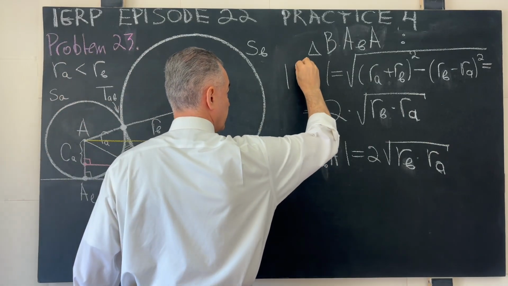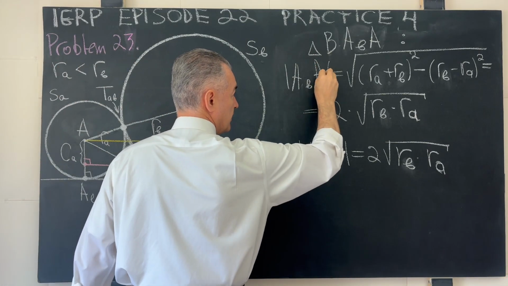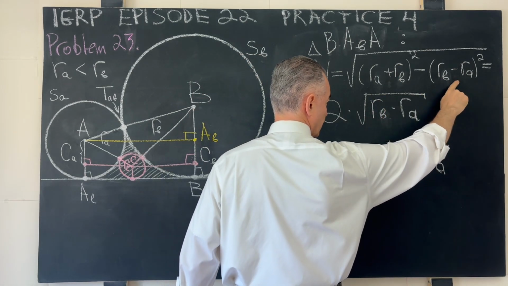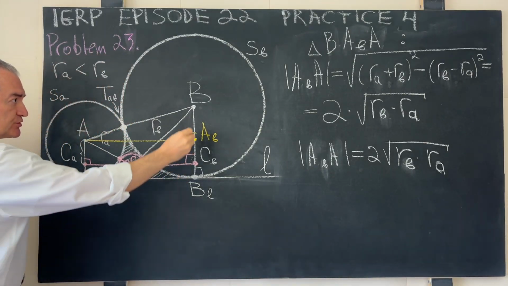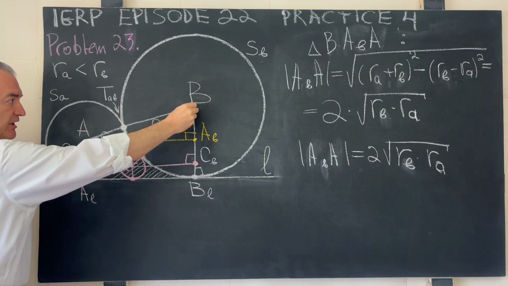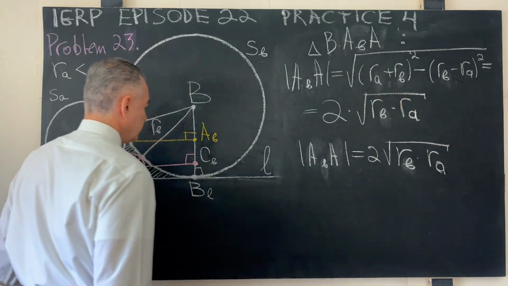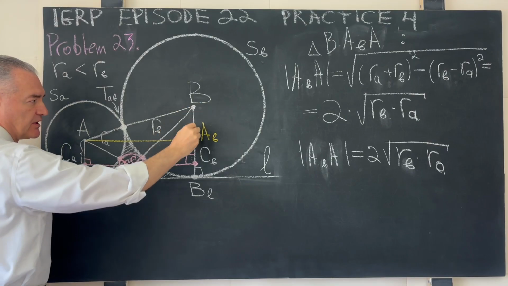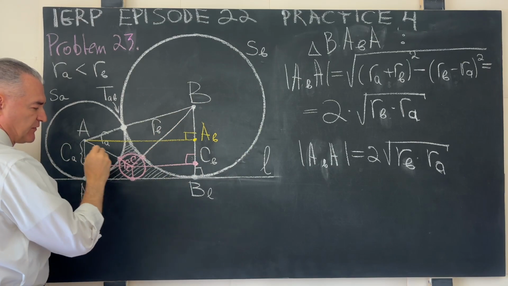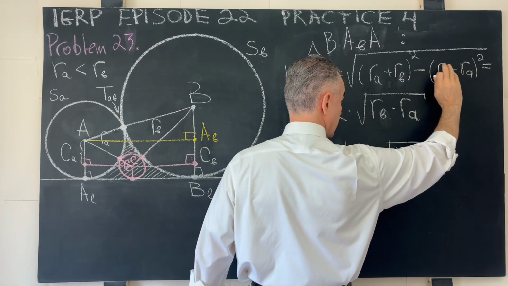And according to it, the distance from the point AB to the point A is equal to the square root of the difference between the square of the hypotenuse and the square of the other side. The hypotenuse BA, again, is a composite quantity. It can be represented as the sum of the radii RB and RA, and this side over here, BAB, is the difference between the radii RB and RA. In some sense, it can even be written the other way around because there is a square.